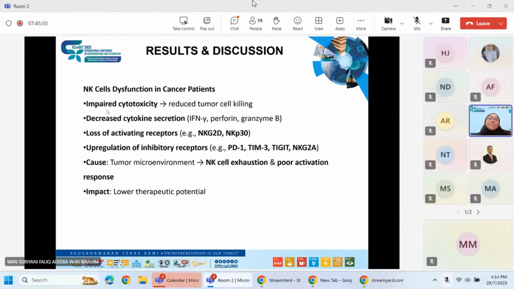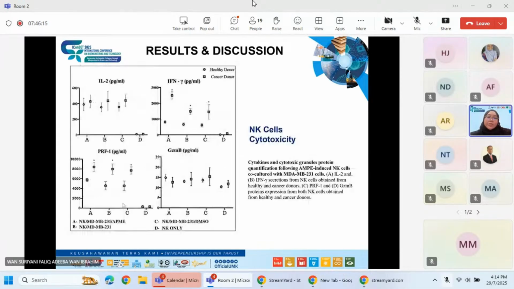This is what we call impaired cytotoxicity, which reduces tumor cell killing. It will decrease the cytokine secretions like interferon gamma, perforin, granzyme B, with loss of activating receptors, or upregulation of inhibitory receptors that inhibit the actions of the NK cells. And this is what we call NK cell exhaustion or poor activation response, which lowers the therapeutic potential.